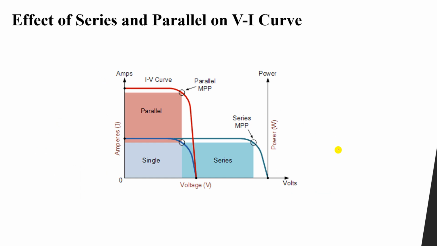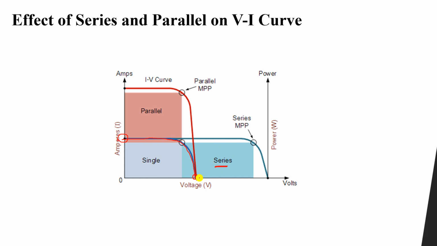Now finally, if we combine all of this, what we will have, you can see that here we have one panel. As an example, one solar panel with a certain current and certain voltage, a certain short circuit current, a certain open circuit voltage. Now if we add another panel in series, what will happen?